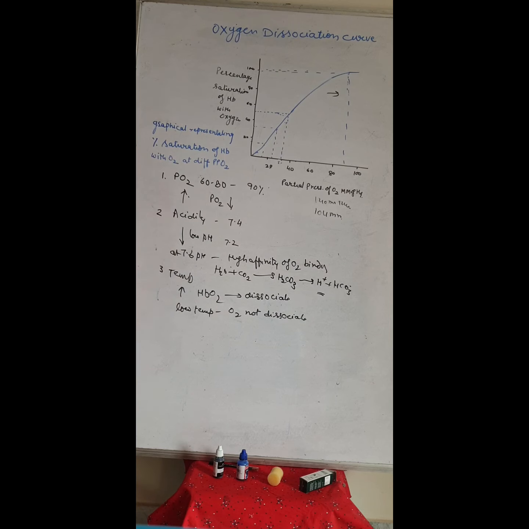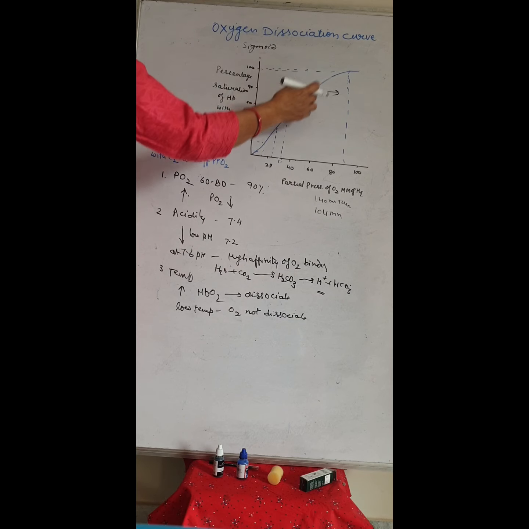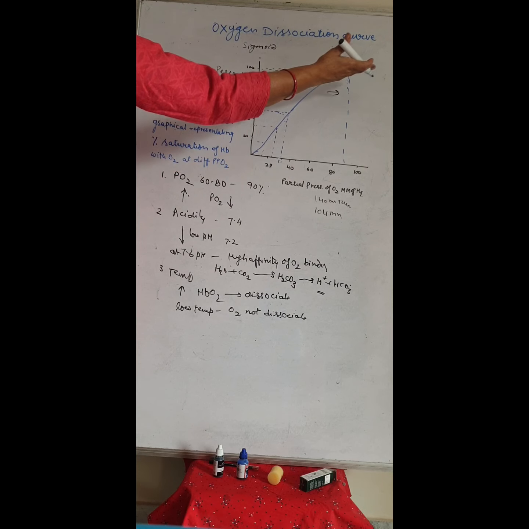These are the factors that determine the oxygen dissociation curve, or oxygen binding capacity with hemoglobin. The shape of the curve is a specific type, that is the S shape. The oxygen dissociation curve is sigmoid, or S shape.